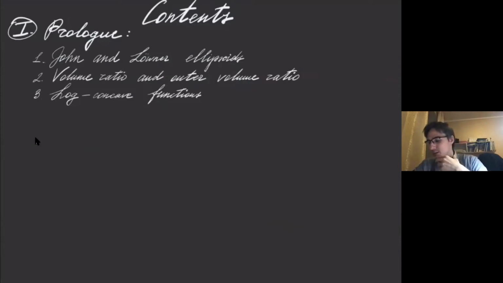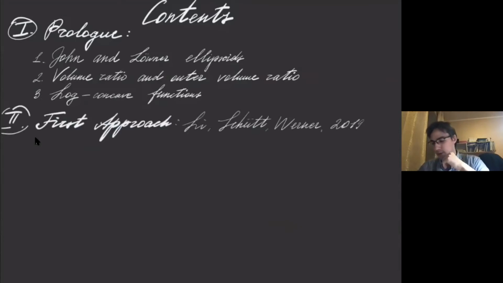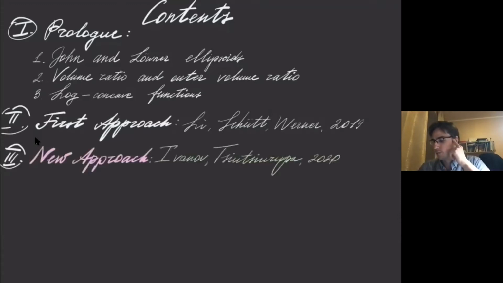Next I will tell you what log-concave functions are. I will explain what our problem is. I'll explain what the first approach to this problem was, and then I will tell you about our achievements in this field.